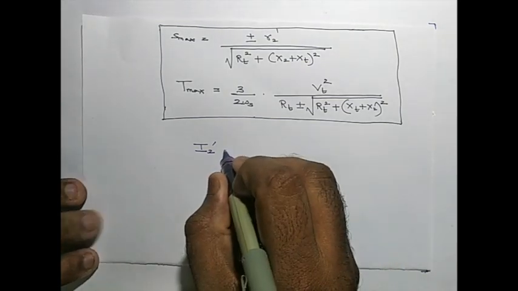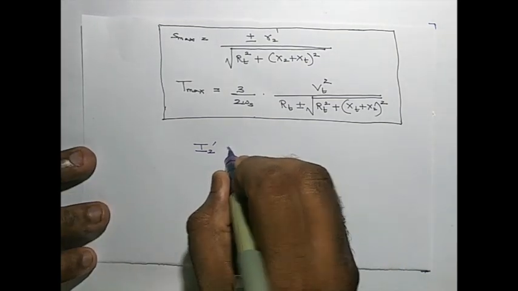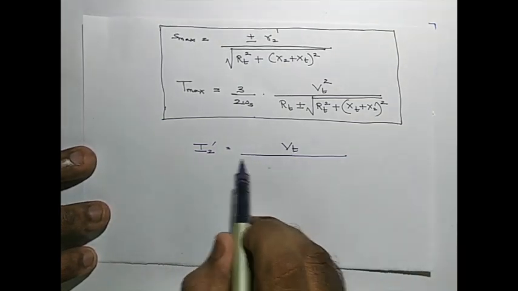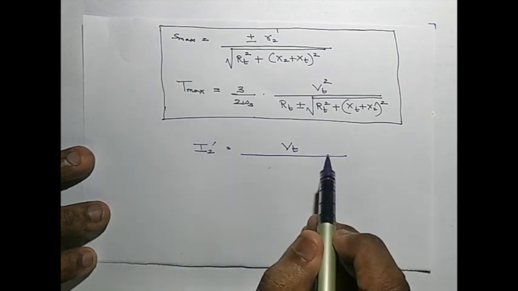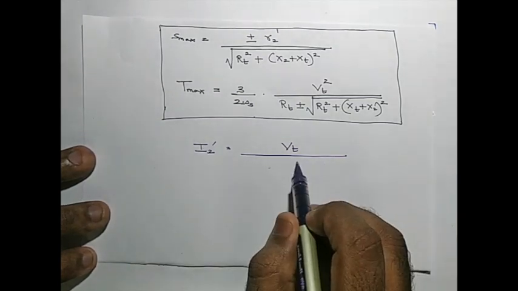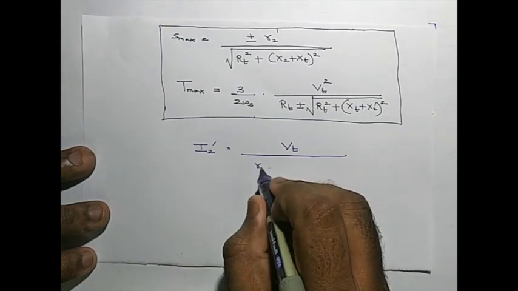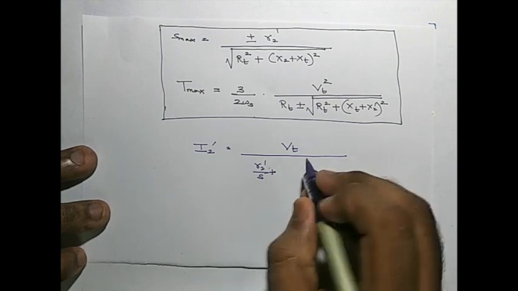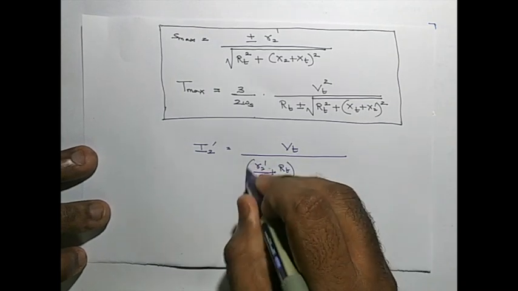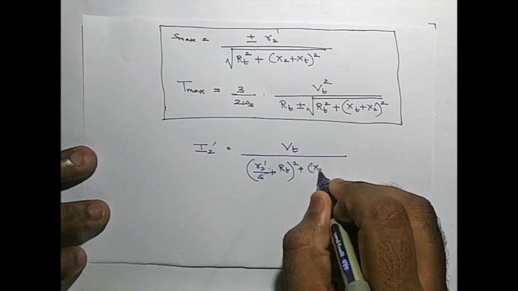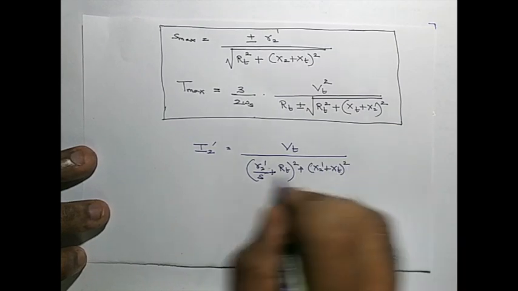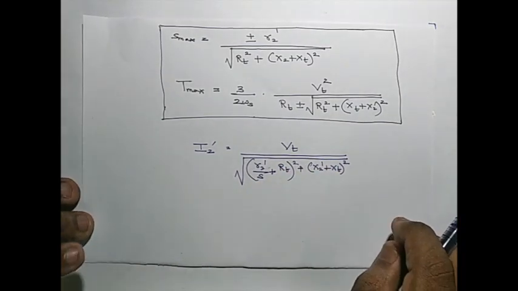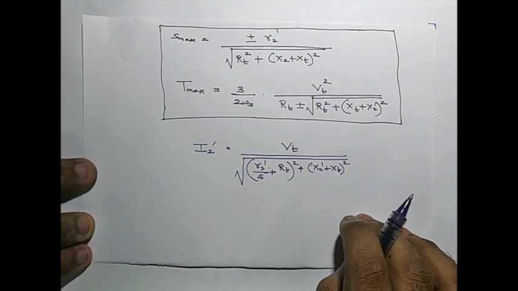I2 dash can be obtained from your equivalent circuit, that simplified equivalent circuit we have seen in the last lecture, with R2 dash by S. This is the nature of current.